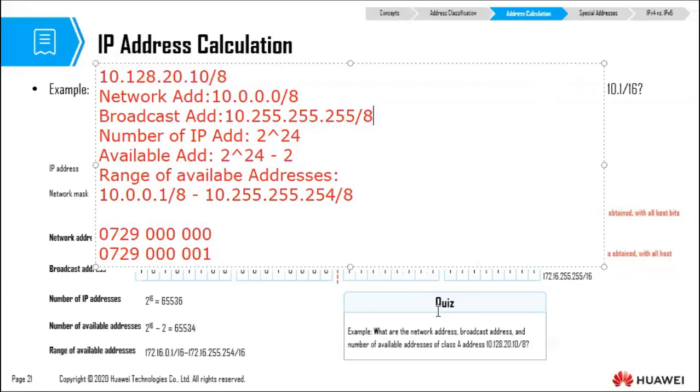Go ahead, Dennis. I want to know if the CIDR notation can be used to find the network address.